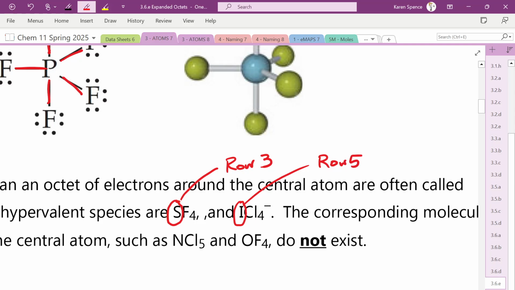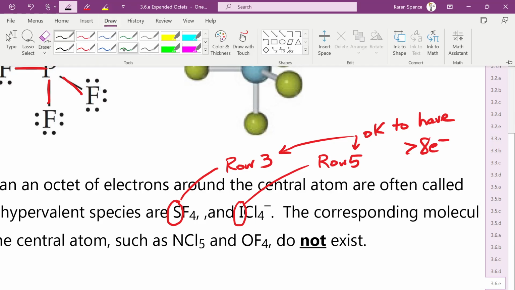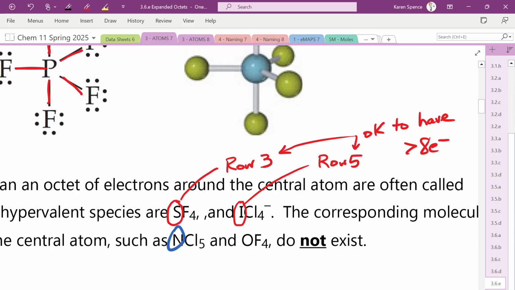So those are okay to have more than 8 electrons. On the other hand, N and O, these are row 2.